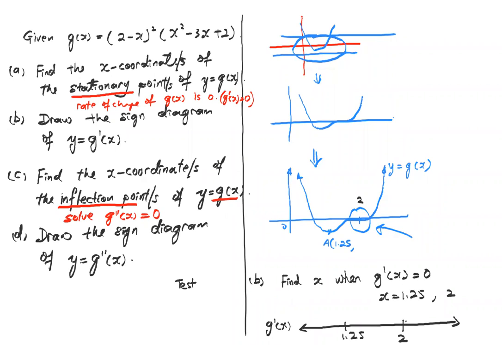I call out my Y2, I punch in 0. So I will get a negative value. Am I right? Because your Y2 is your g'(x). Then here you get positive, here you get positive. Okay, so all the signs you can test using your graphic calculator, even if you don't have the graph. Clear?